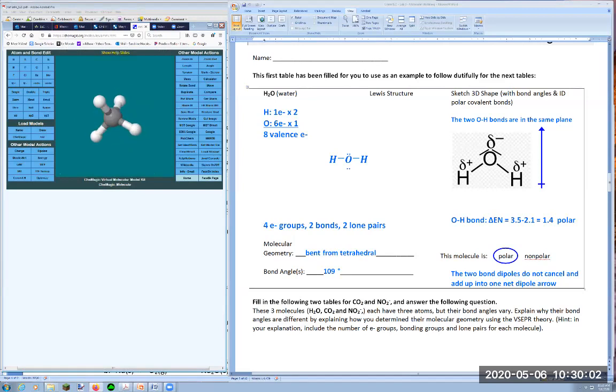If I put a different hydrogen on top, it still looks the same. Whatever hydrogen you put on top here, it's looking the same. It's a very symmetrical molecule.